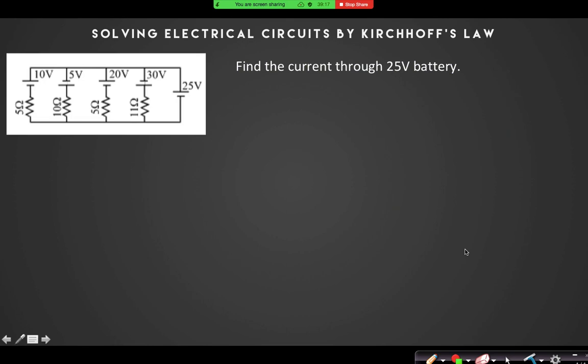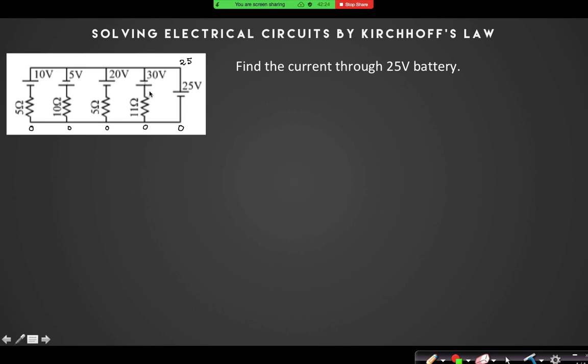Find the current through the 25 volt battery. By the nodal analysis method we will solve it. Let us assume this potential is 0. What is the potential of this point now? 25 volt. Now can you see that all these lower potentials are 0?